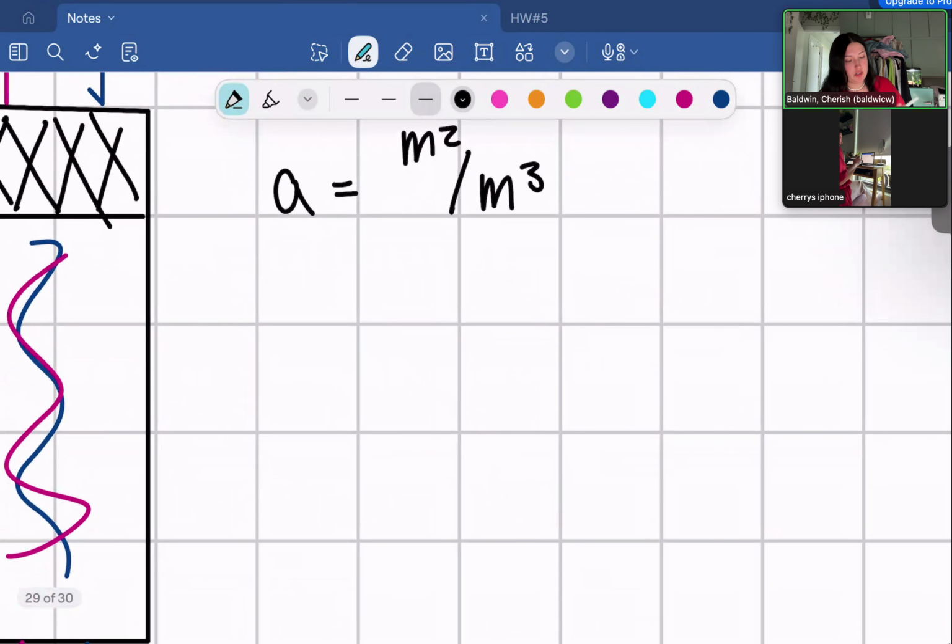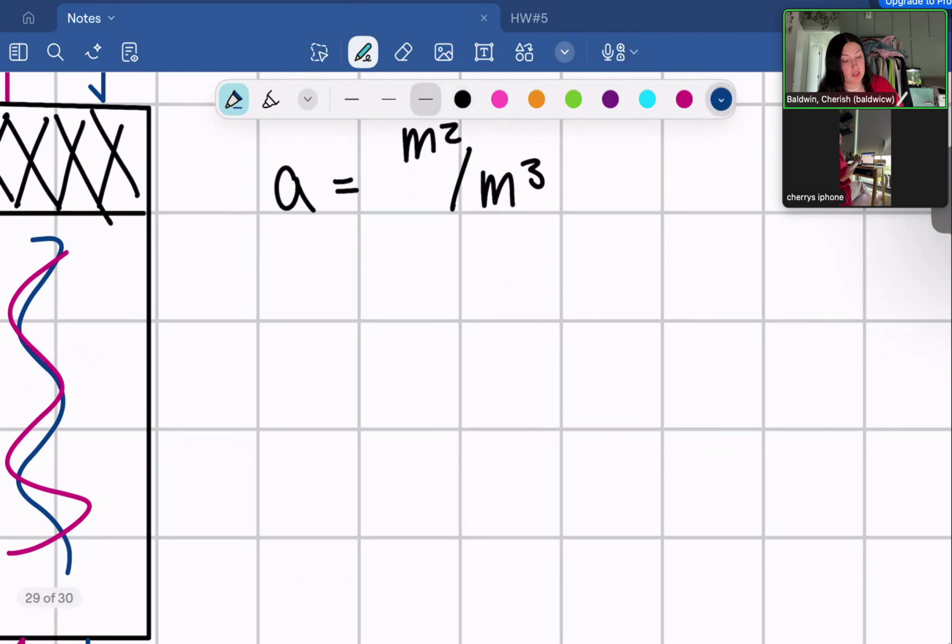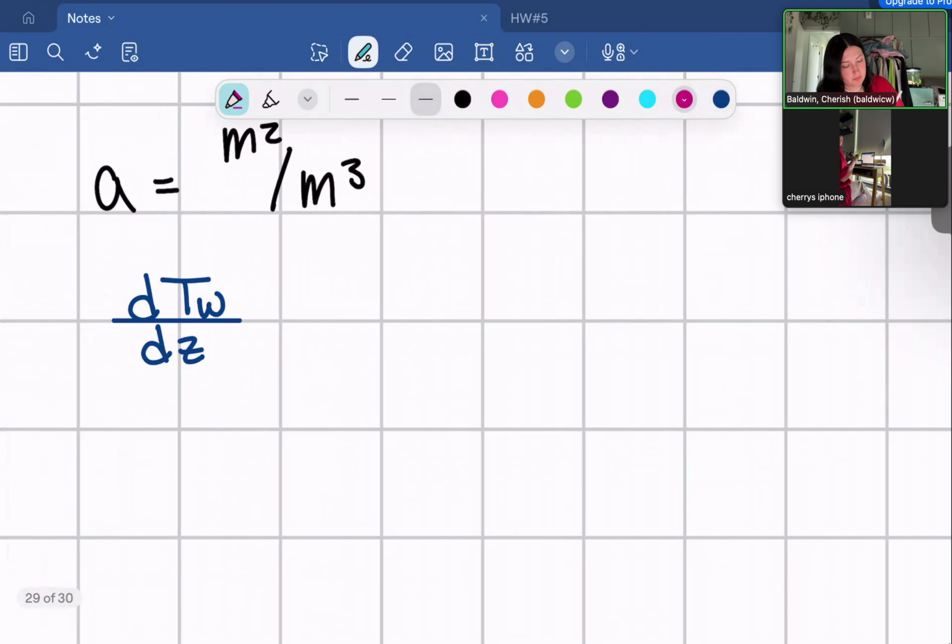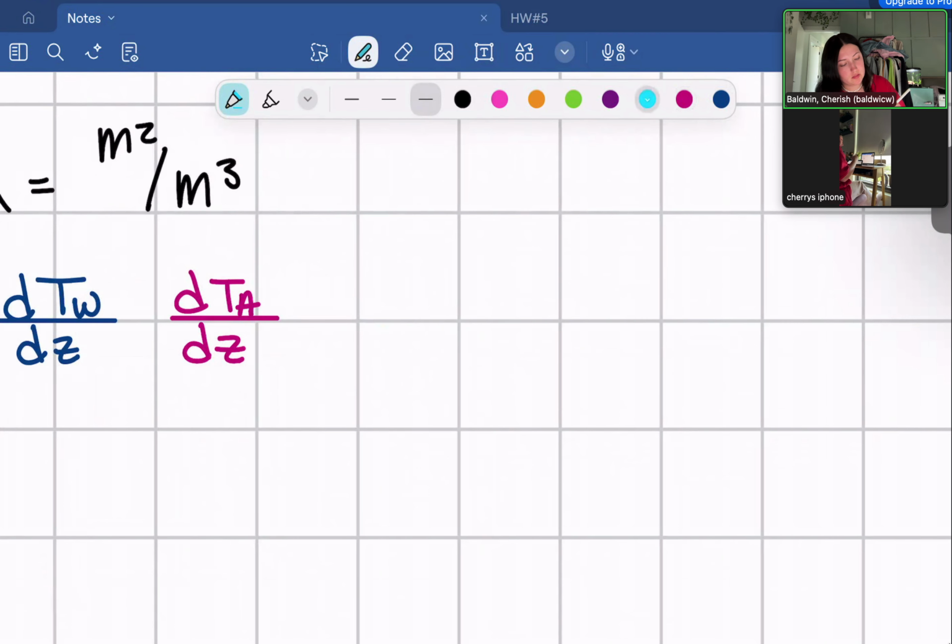And to solve this problem, we're going to be looking for 3 equations, which are the difference in temperature of the water over the position, the difference in temperature of the air over the position, and finally, do this one purple, the concentration of the water vapor and air over the position.